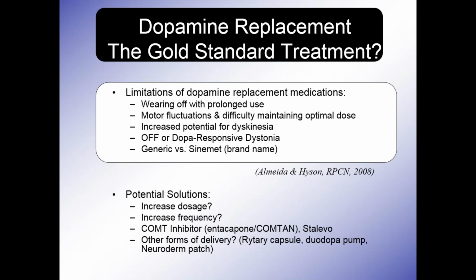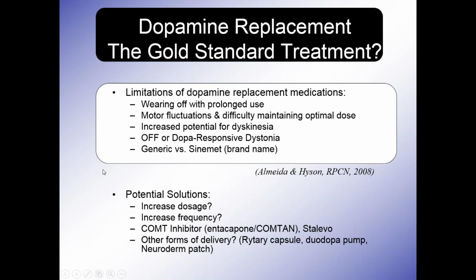Most people don't really notice a difference between the two, but in people that are sensitive to the medications, the generic carbidopa-levodopa form of the drug, which is an oval-shaped pill compared to the yellow circular Sinemet pill, may tend to be slightly less effective or wear off potentially a little bit quicker than brand name Sinemet.